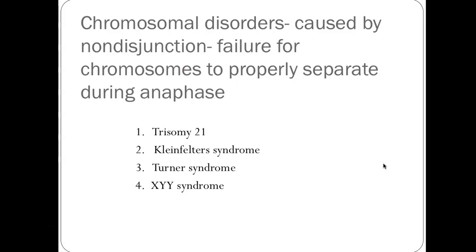In cancer, it's more mitosis because the cancer cells arise spontaneously due to genetic mutations. And so these ones I want you to know, these happen during meiosis. So these are 4 disorders where chromosomes do not properly separate during anaphase of meiosis, and therefore a sperm or an egg ends up with an extra or a missing chromosome.